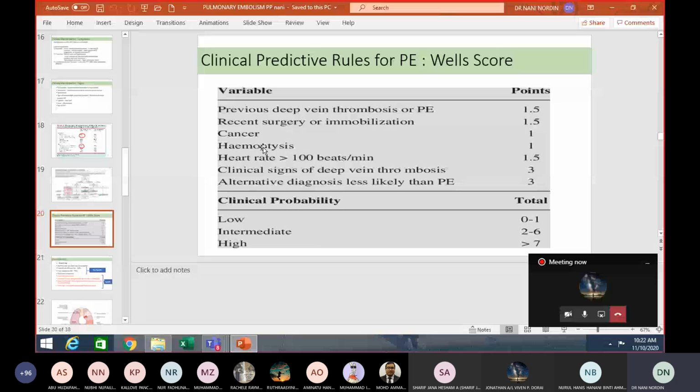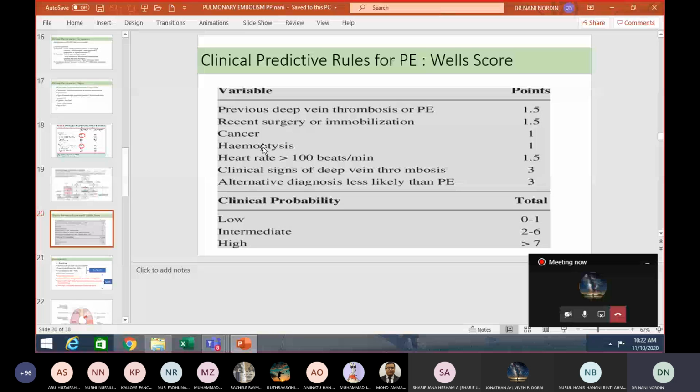Clinically, there are a few guidelines on how they identify or classify patients, whether they are likely or less likely to have PE, in order for them to direct to proper investigations.